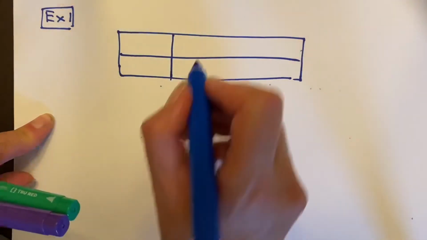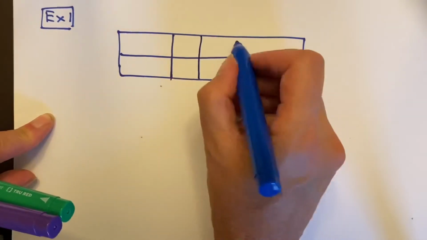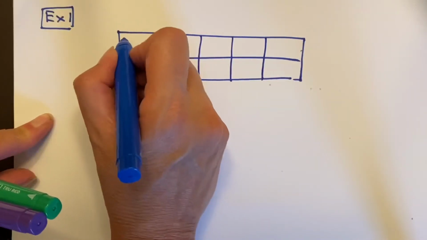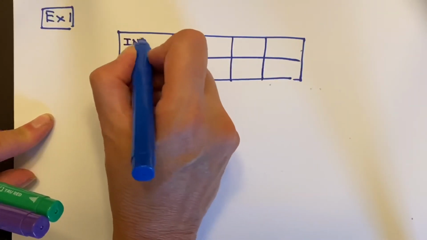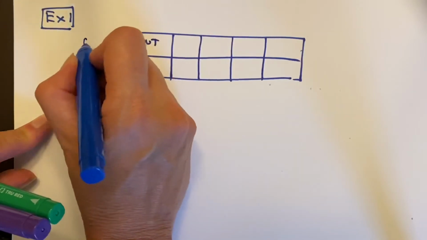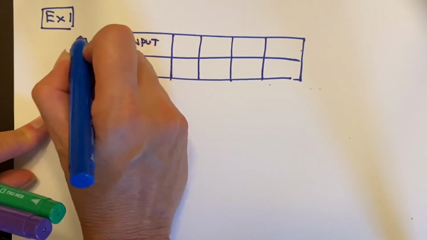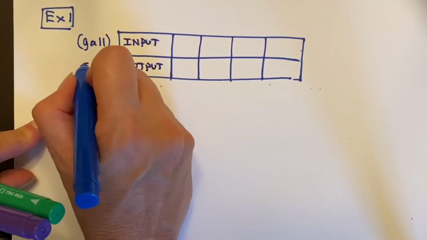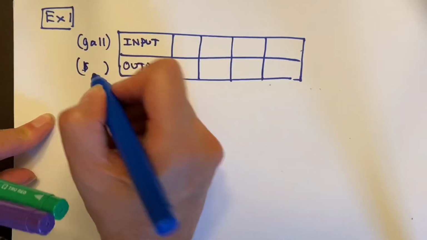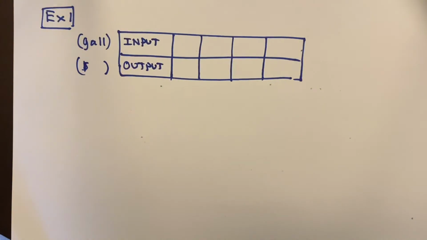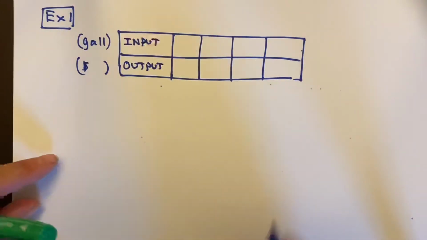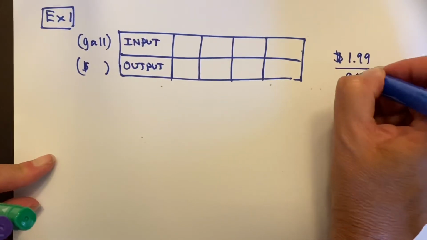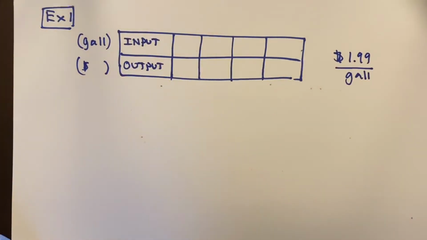So I have input, and that's the gallons of gas pumped in the car, and output. It's how much I'm paying as a result of the number of gallons I'm putting in the car. I'm told that gas is $1.99 per gallon, right? That's on the pump out front.